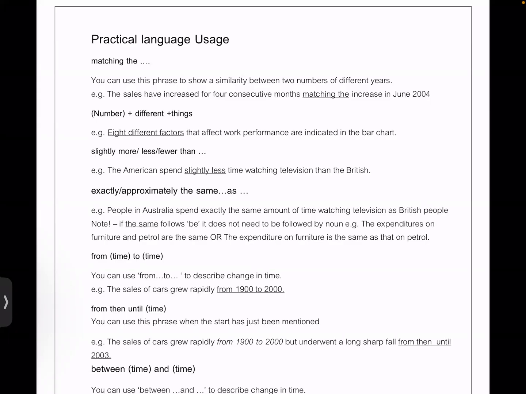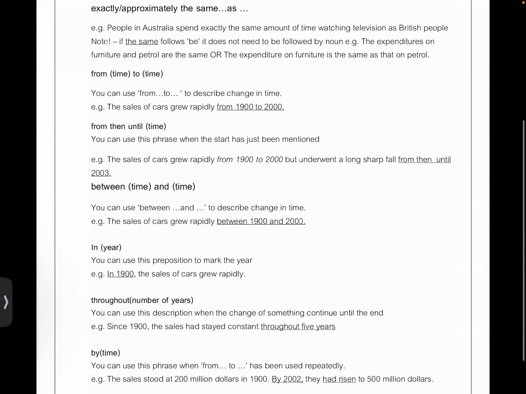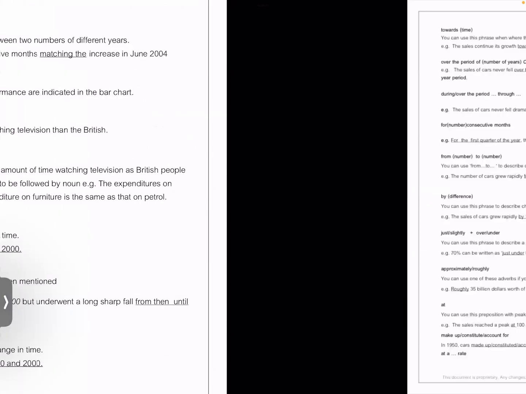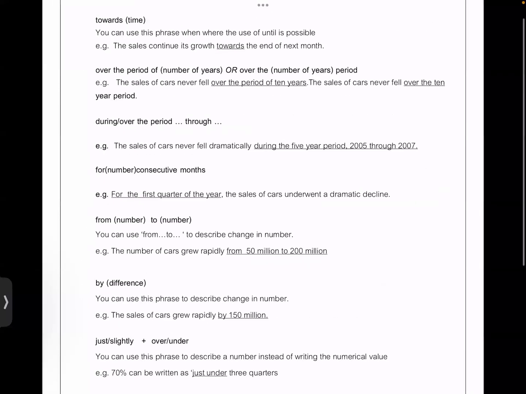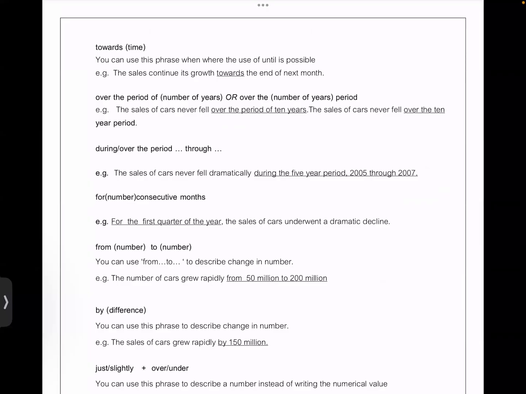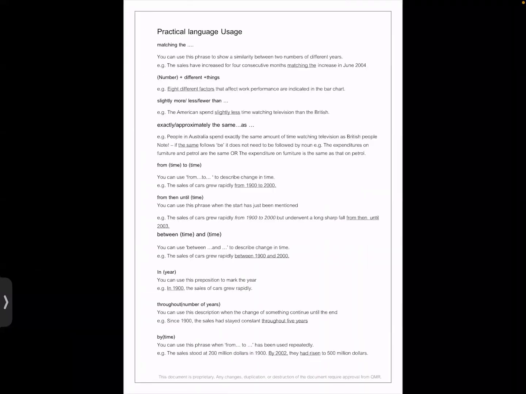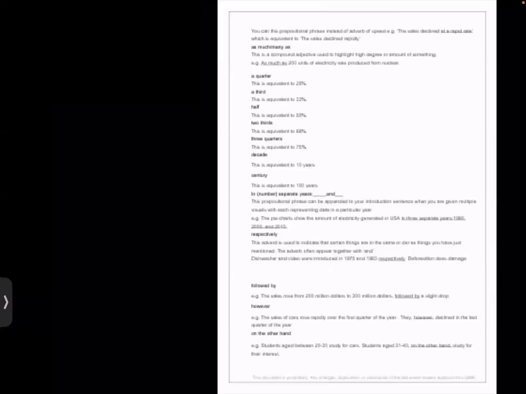So, for example, the sales have increased for 4 consecutive months, matching the increase in June 2004. So we talk about two increases that look very similar to one another. So that is it. What else?